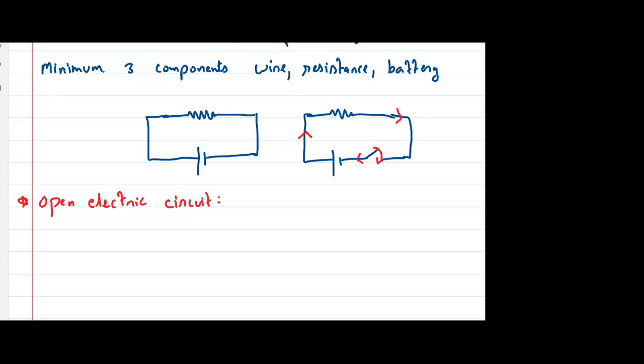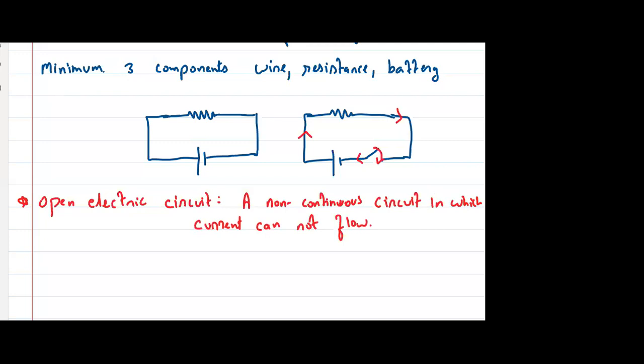Yes, very good. So I can say a non-continuous circuit in which current cannot flow. Agree? समझ में आ गया?